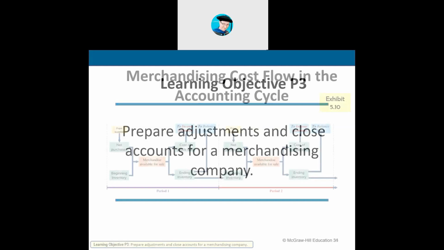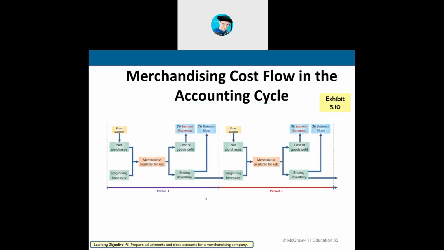All right, so adjusting entries. Marina, this will help to answer some of that question you had. We make adjusting entries toward the end of the accounting cycle, before we go into the unadjusted trial balance and then the trial balance.